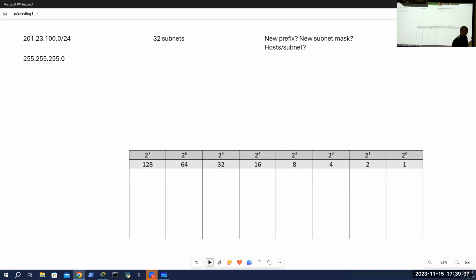Can you just give me a hint where to start? So where to start is that 32 subnets. How many bits do you need? In other words, which power of 2 up here will give you 32? Whatever power of 2 that is, that's how many bits you're going to take from the host, which is the last octet.